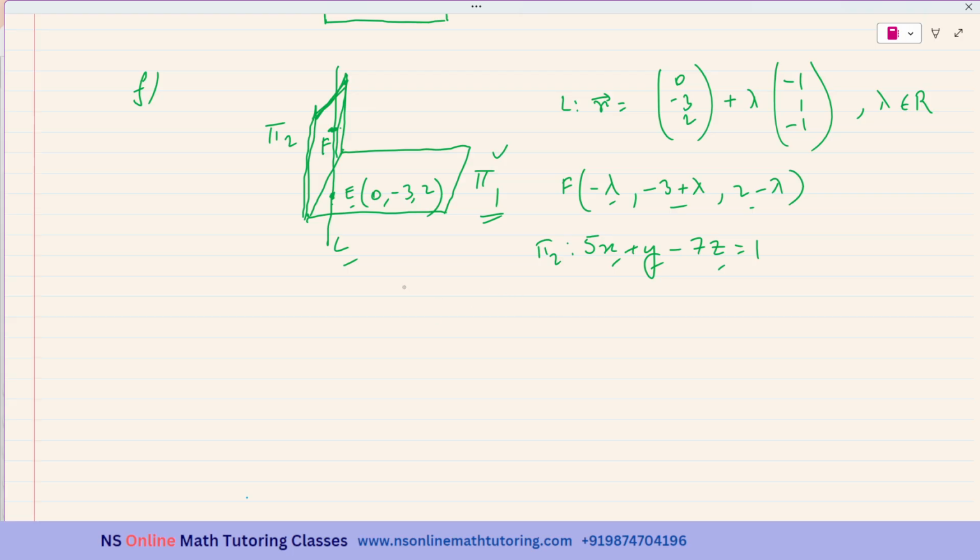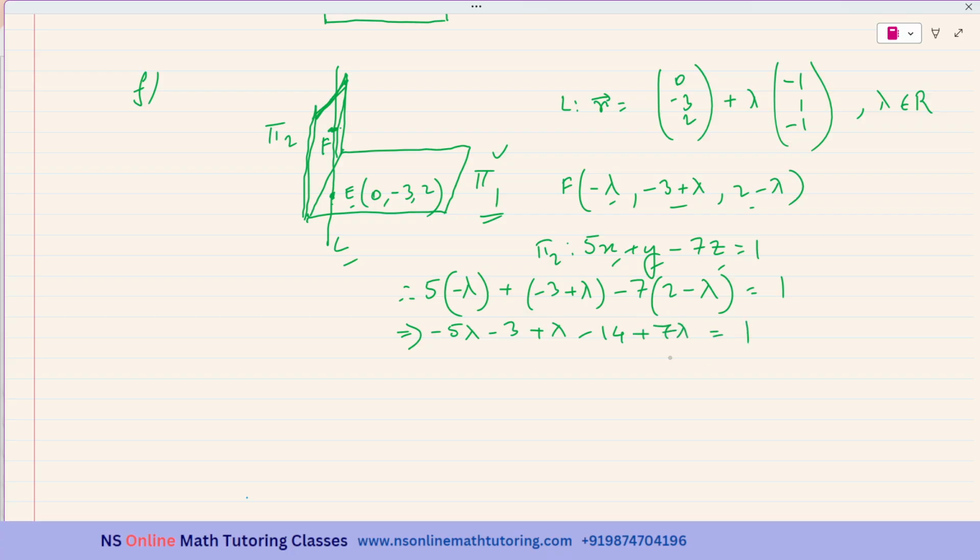So therefore, in order to get the value of lambda, 5 times minus lambda plus -3 plus lambda minus 7 times 2 minus lambda equal to 1. So this is -5 lambda minus 3 plus lambda minus 14 plus 7 lambda equal to 1.